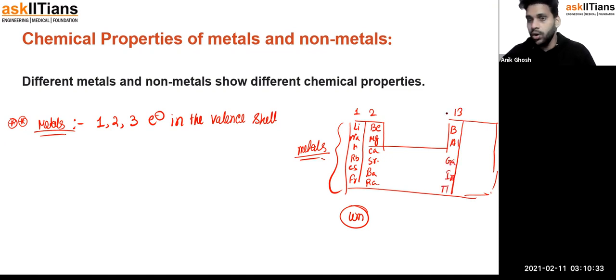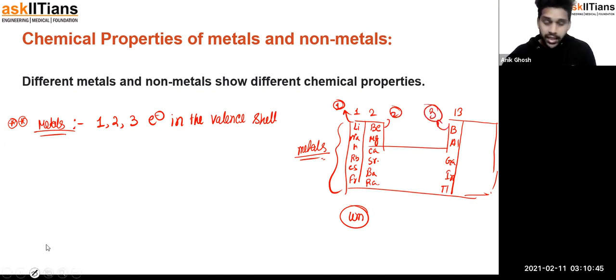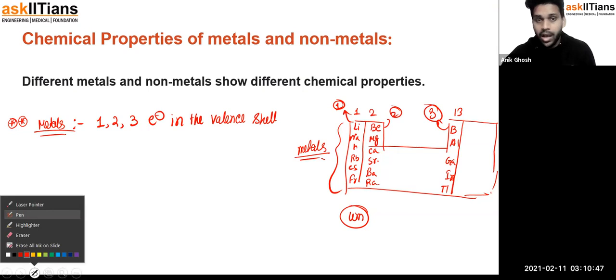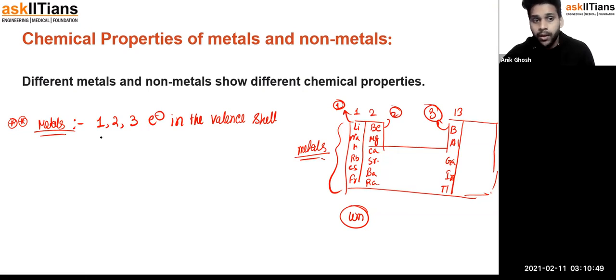The first group contains 1 electron in its outermost shell, the second group contains 2 electrons in its outermost shell, and the 13th group contains 3 electrons in its outermost shell. This is how they operate. When they have these 1, 2, or 3 electrons in the valence shell, they are called metals.